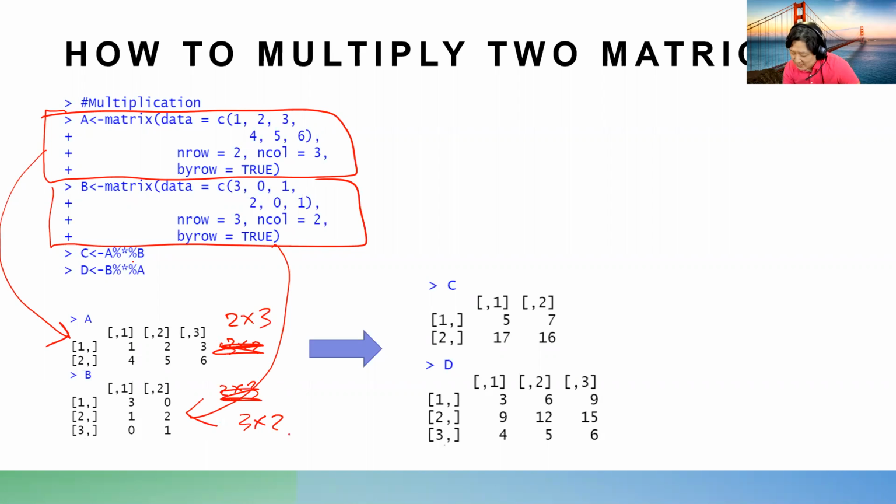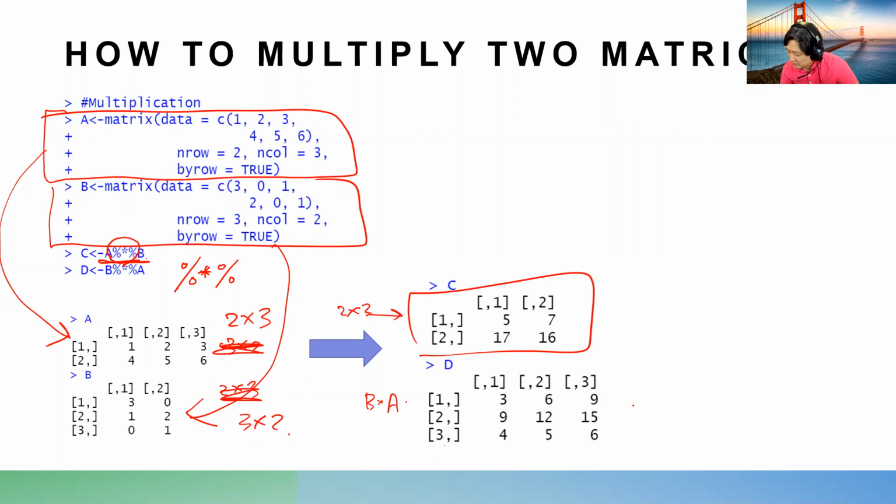And then this is A times B. In R, you have to use this sign, percent and percent, which means A times B. So it will return a 2 by 2 matrix, but B times A is a 3 by 3 matrix. Okay. So A times B is not equal to B times A.